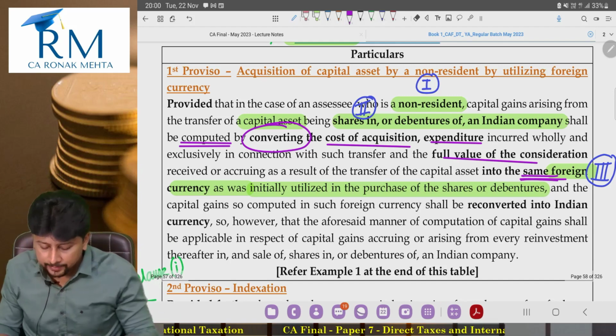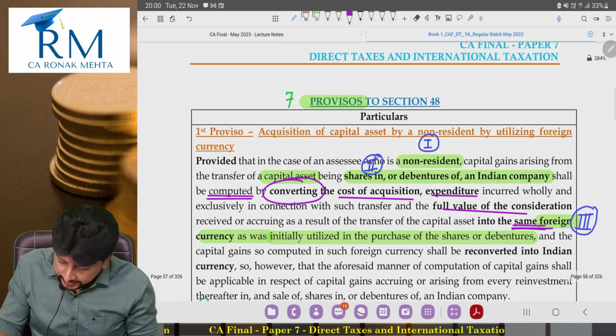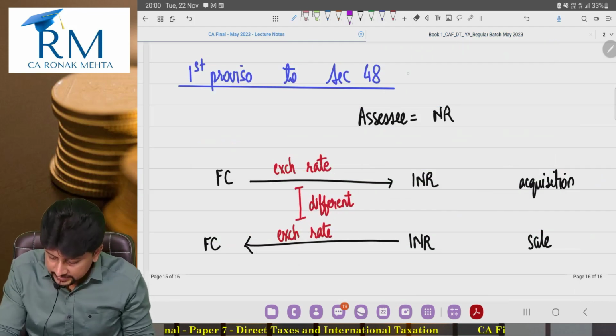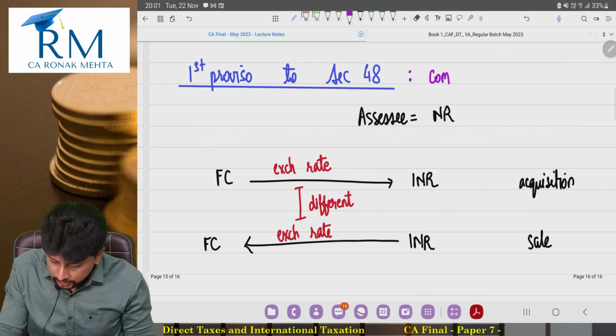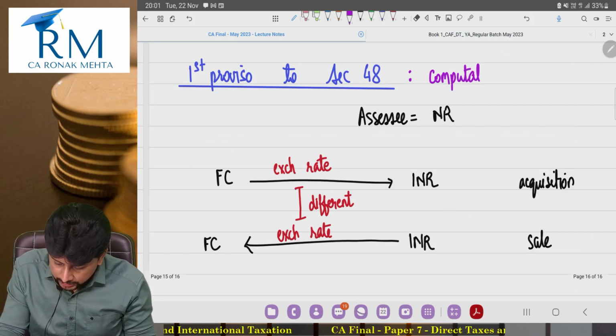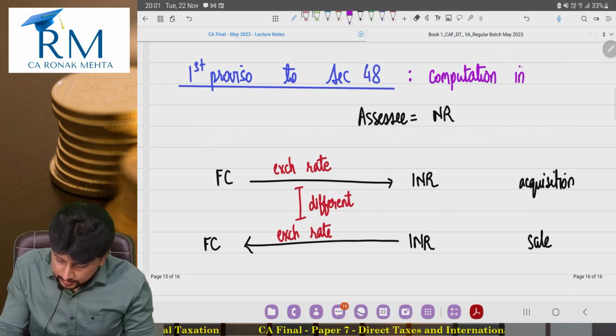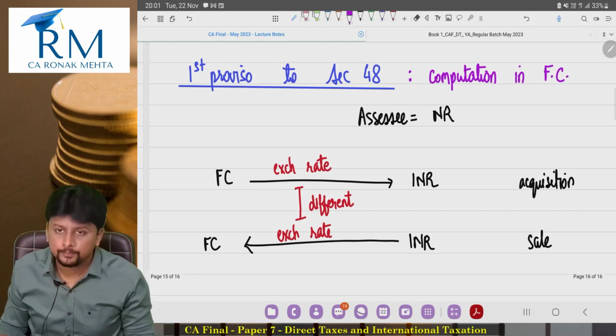So, you know what's happening? What's happening is that the first proviso is asking you to do computation in foreign currency.